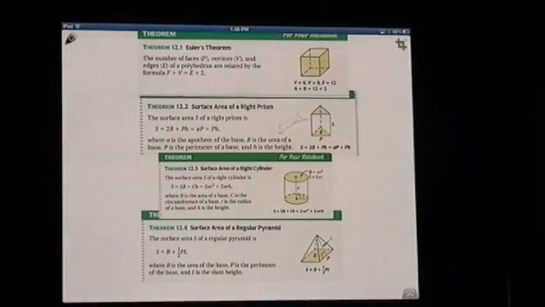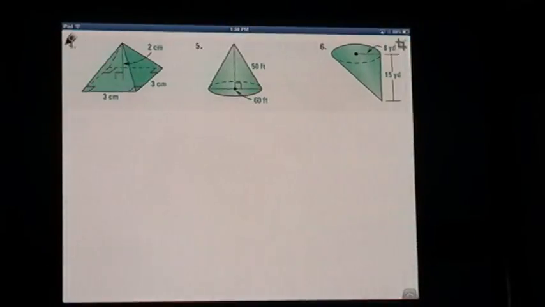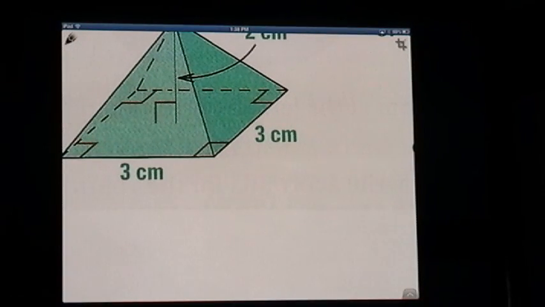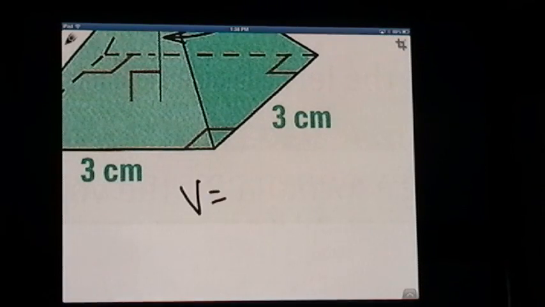So whatever shape that is, you might have to find the area of a polygon in that case. But in this case we have a square. Volume is equal to not 1/2 but 1/3 the base times the height.